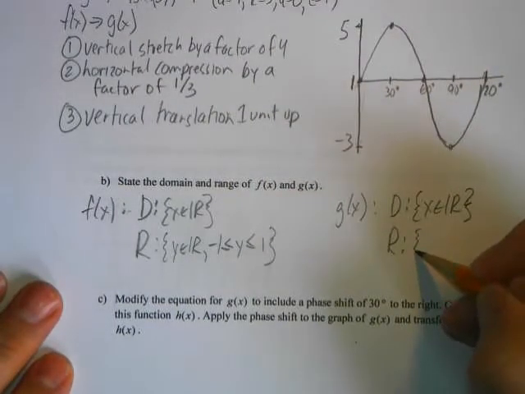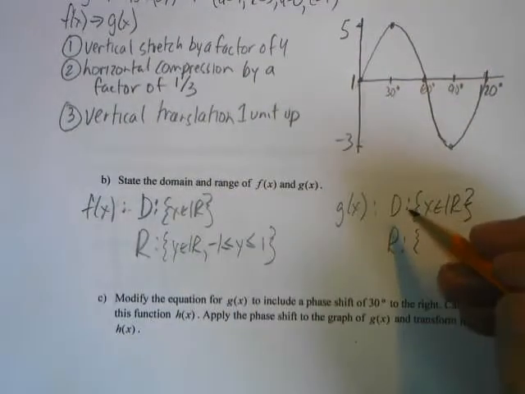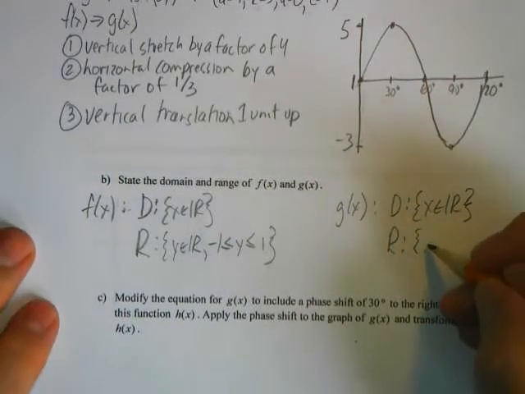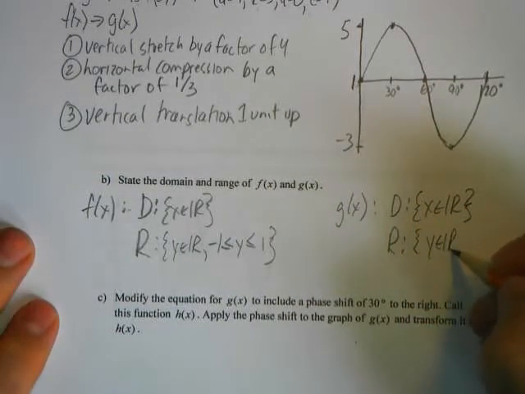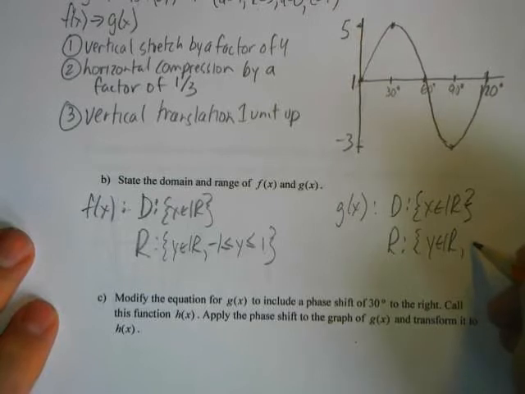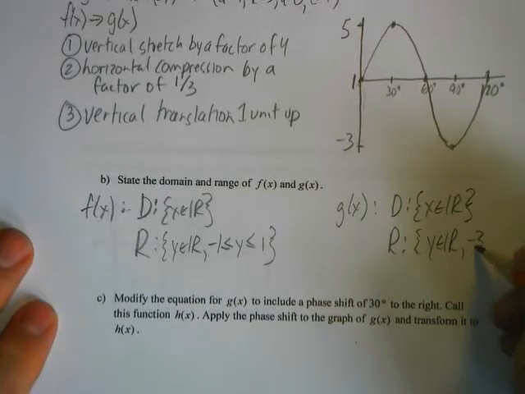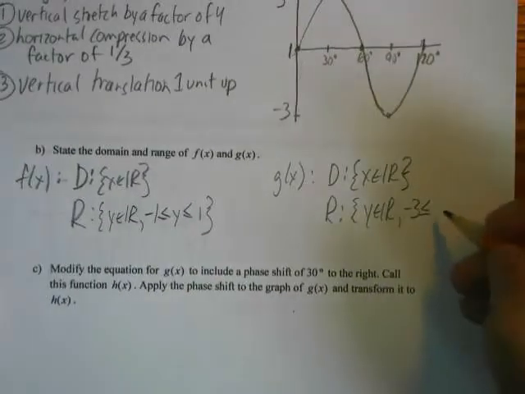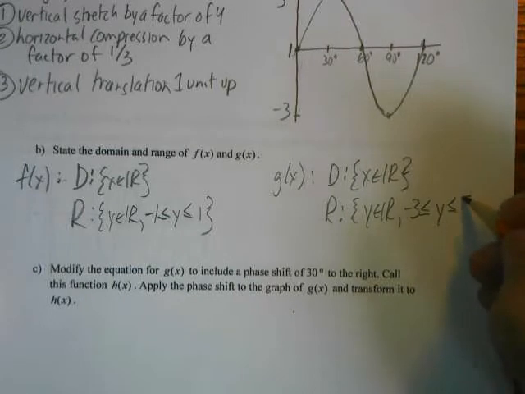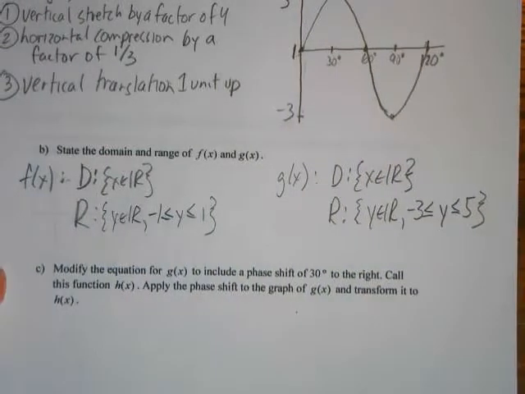So we can update our range to show that change. Y is an element of real numbers, and y is between -3 and +5.